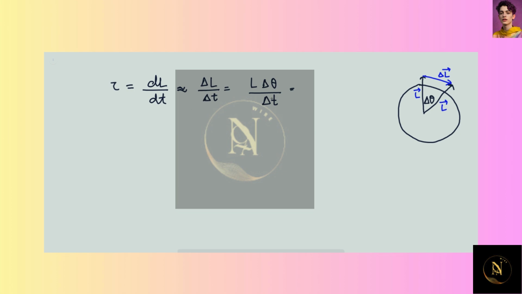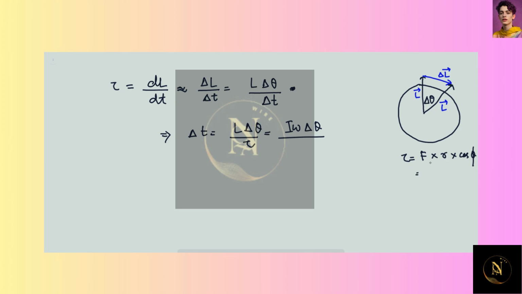Now from here we can say delta t is equal to L delta theta over tau, and L, as we know, is I times omega, and tau is F times R times cosine of theta, where theta is the angle between F and R. Let's call it phi so we don't get confused between these two angles.